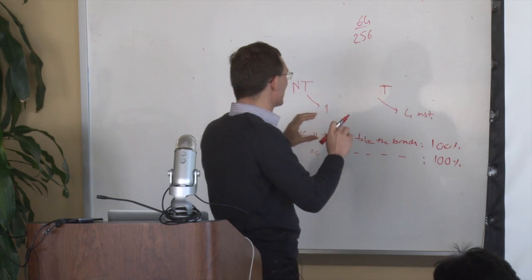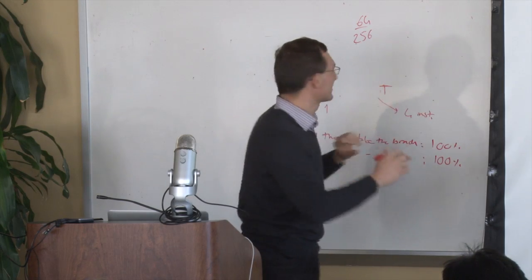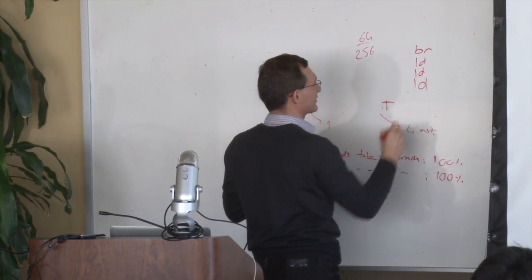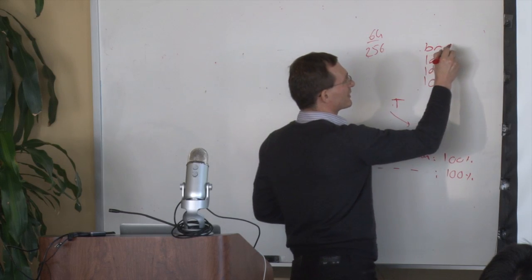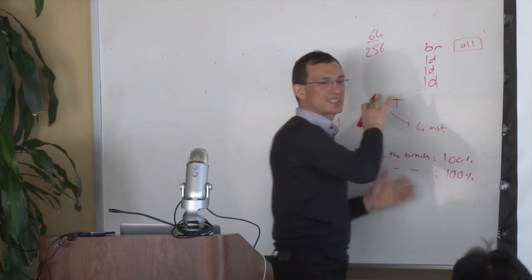But that's not exactly true, because all of the threads actually execute the branch. So if you look at this: branch, load, load, load. Actually, I might have solved the question for you, but that's OK. All of the threads will execute this branch, regardless of whether it is taken or not taken.